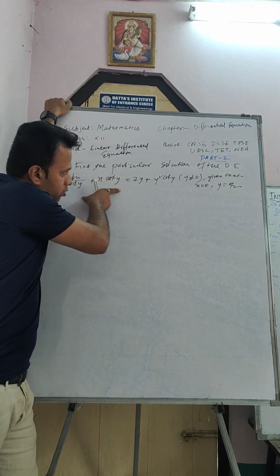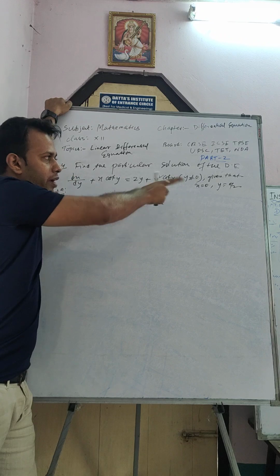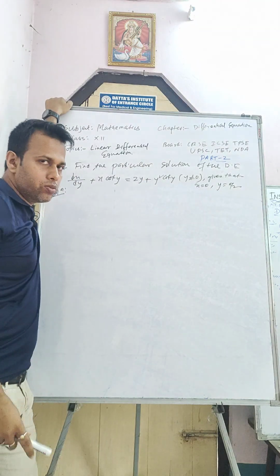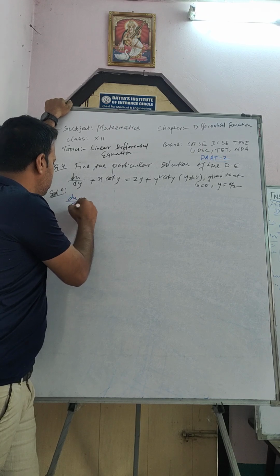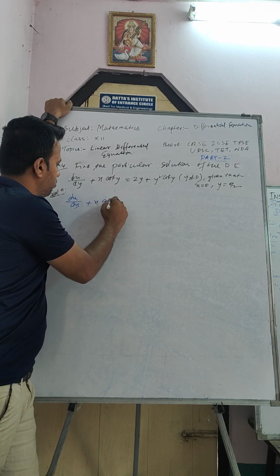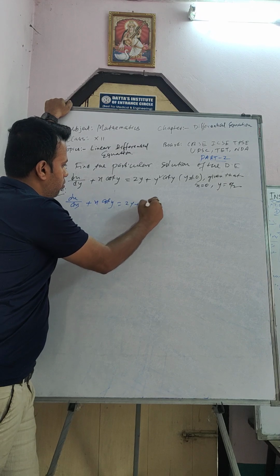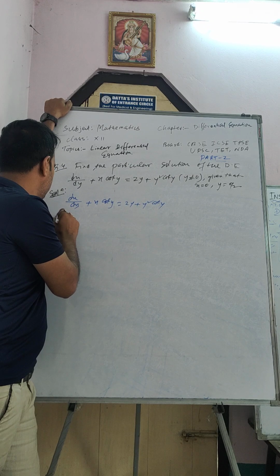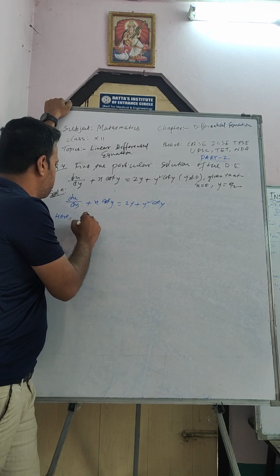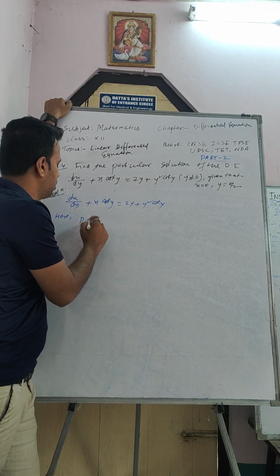This one is the given differential equation. Here y not equal to 0, y is pi by 2 and x equal to 0. So let's try to find out: dx by dy plus x cot y equals 2y plus y square cot y, right? So here p is cot y.